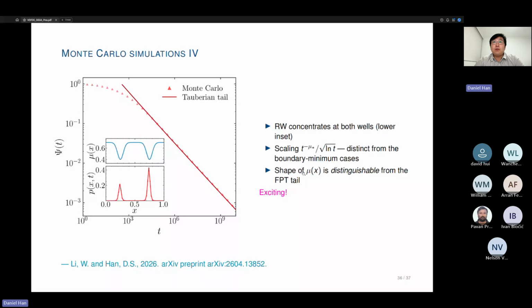And the most exciting part of this is that we can now begin probing the shape of my fractional exponent in real experimental systems. These are distinguishable by measuring my first passage time statistic tails.